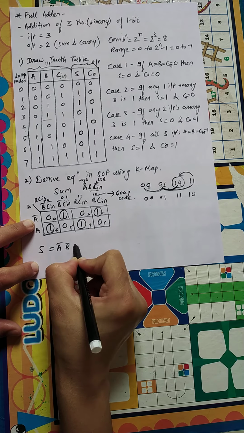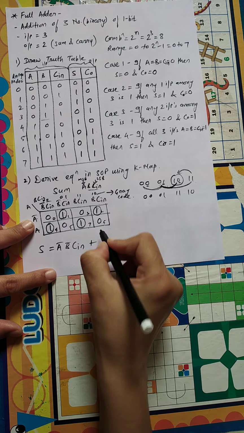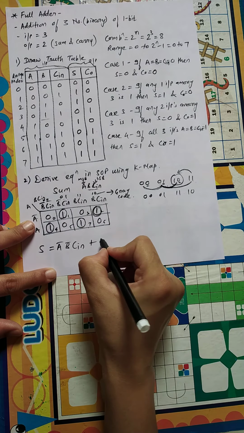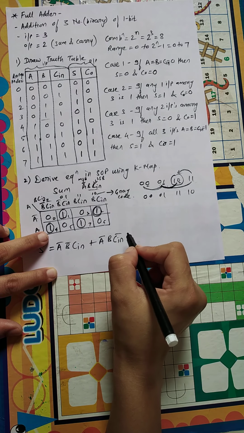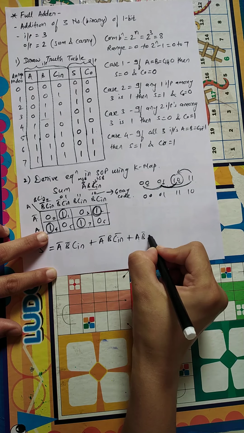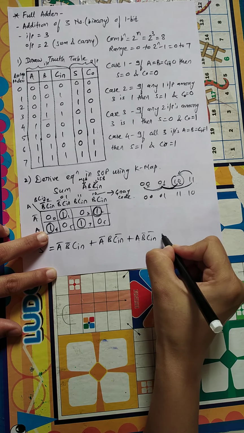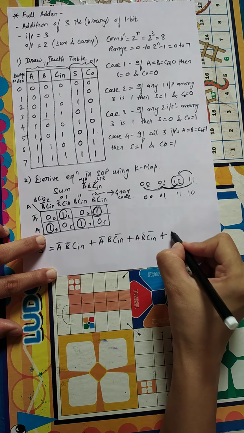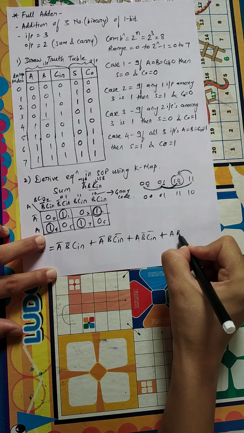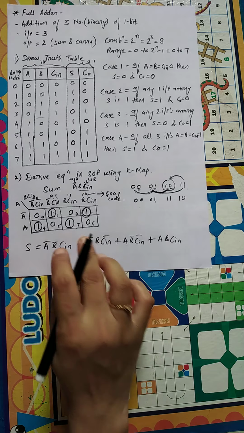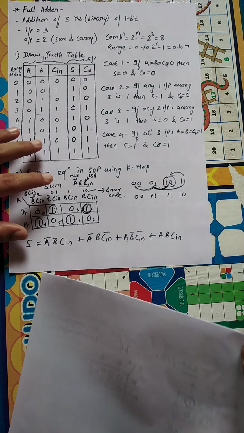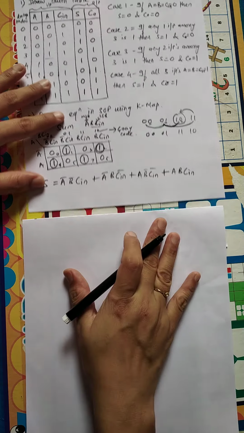That is A bar B bar C in, plus for this one A bar B C in bar, plus for this one A B bar C in bar, plus for this one A B C in, right? So this is the equation I got for sum.